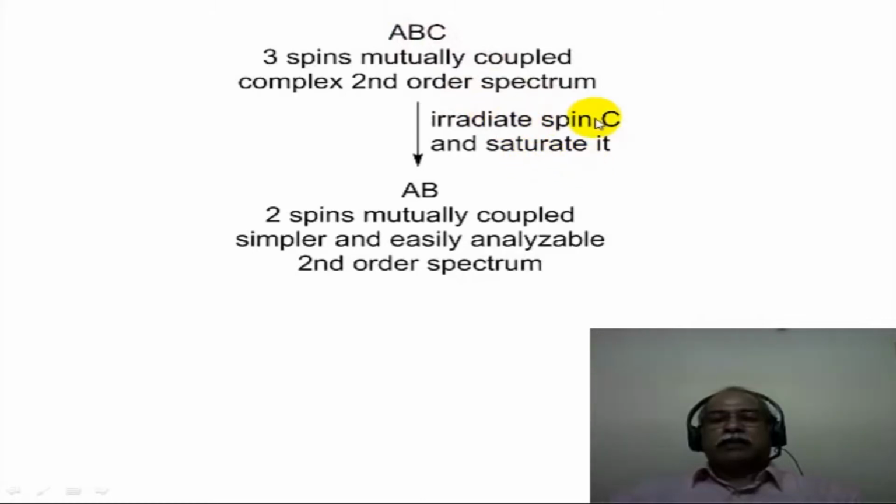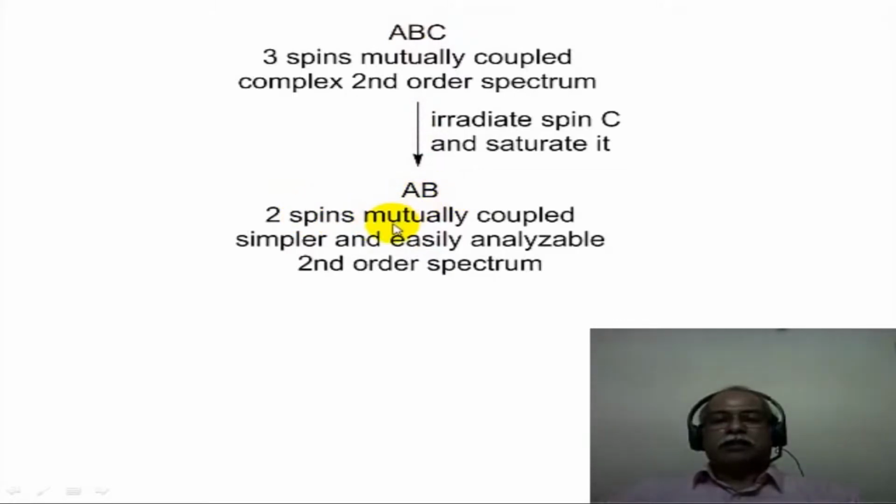Suppose one irradiates the spin C, in other words, uses a second radio frequency corresponding to the frequency of hydrogen C, it will saturate that particular hydrogen spin, and as a result, decoupling takes place. So the ABC system simplifies to an AB system, which is a two-spin system which is mutually coupled.